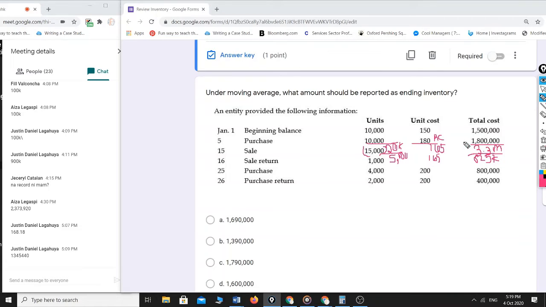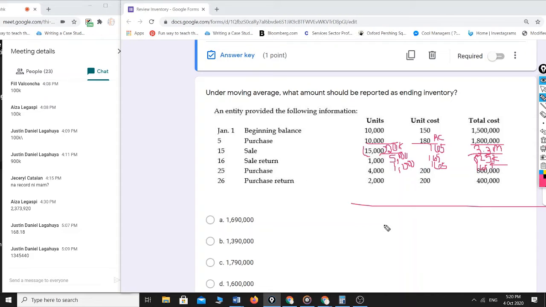Okay. Sales return. The customer returned 1,000. So we update. Our average cost is still 165, and the amount is 165,000.